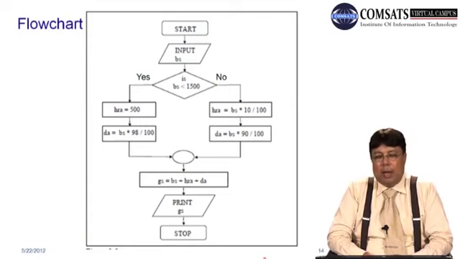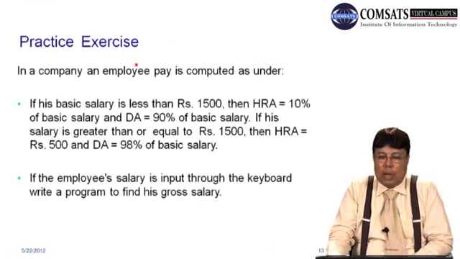We read the basic salary, and if we say his basic salary is less than 1500, then it's other way around. I'm sorry, what is the question? Let us see. Read the question again.